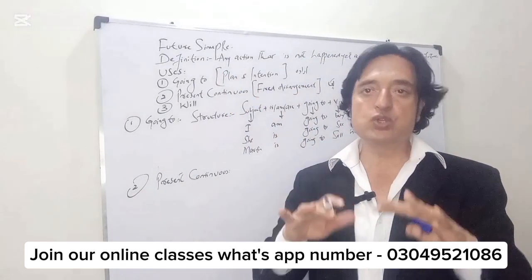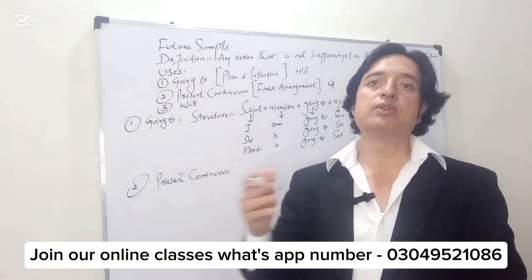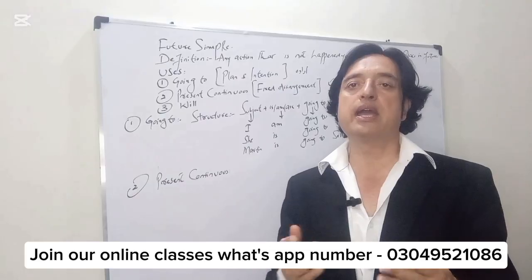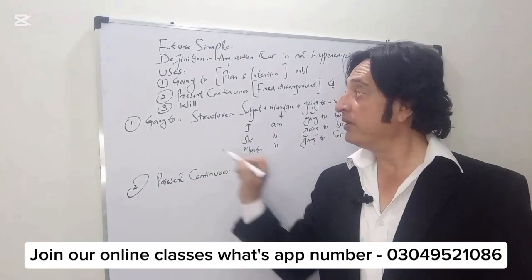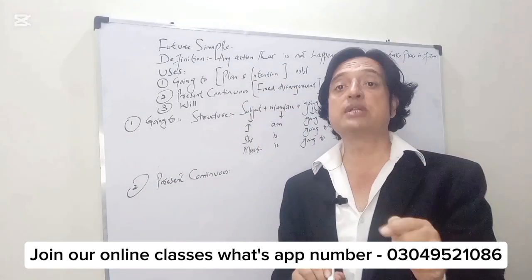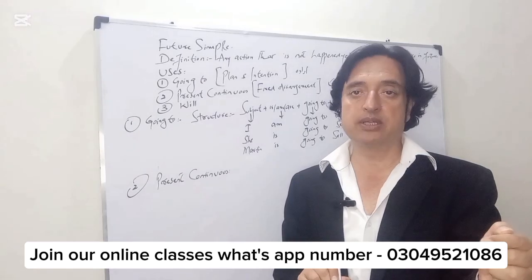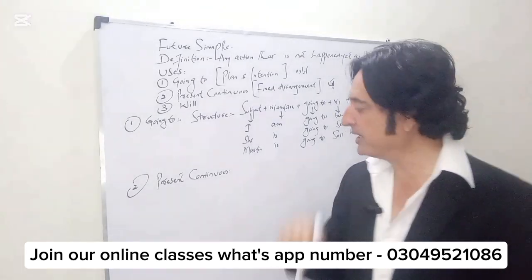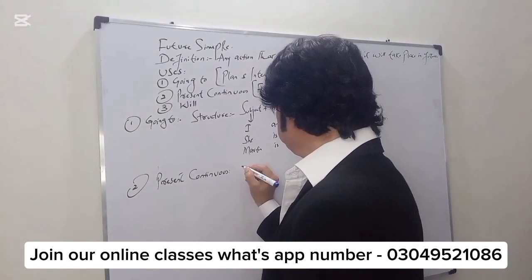Actually the present continuous tense we use for continuous action in the present. Let's say I am playing. And when you are using the future simple, you just add future time in it. So I am playing tomorrow. This becomes the future simple.